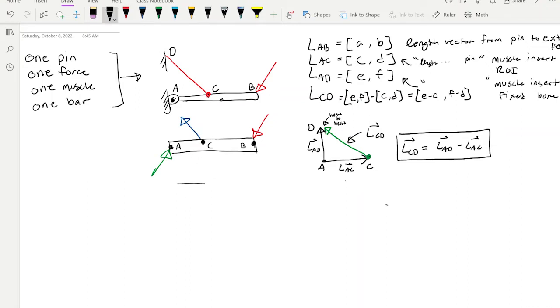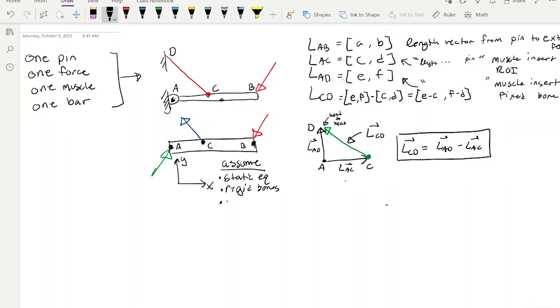But in this case, we're just looking at this like a standard deal where the region of interest, the bar of interest, is acting along X, right? We assume that we've got static equilibrium. We have rigid bones.